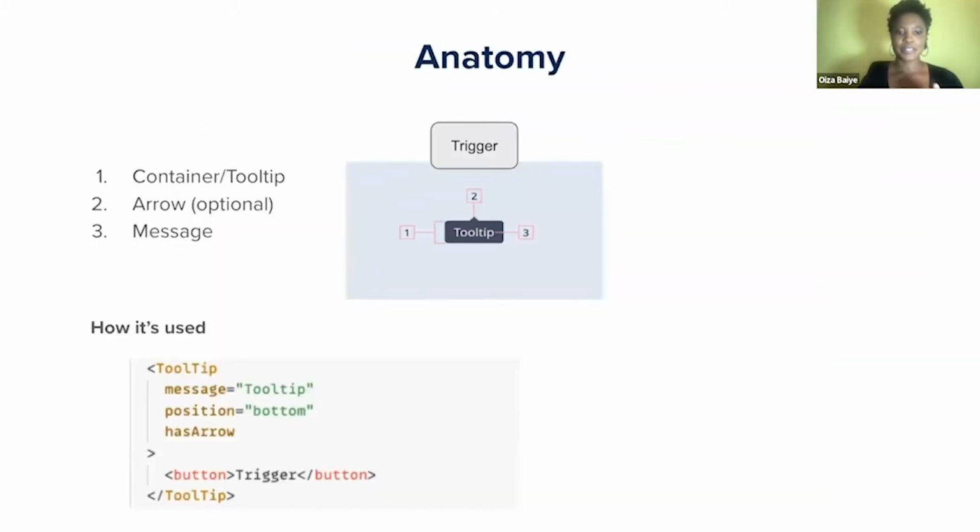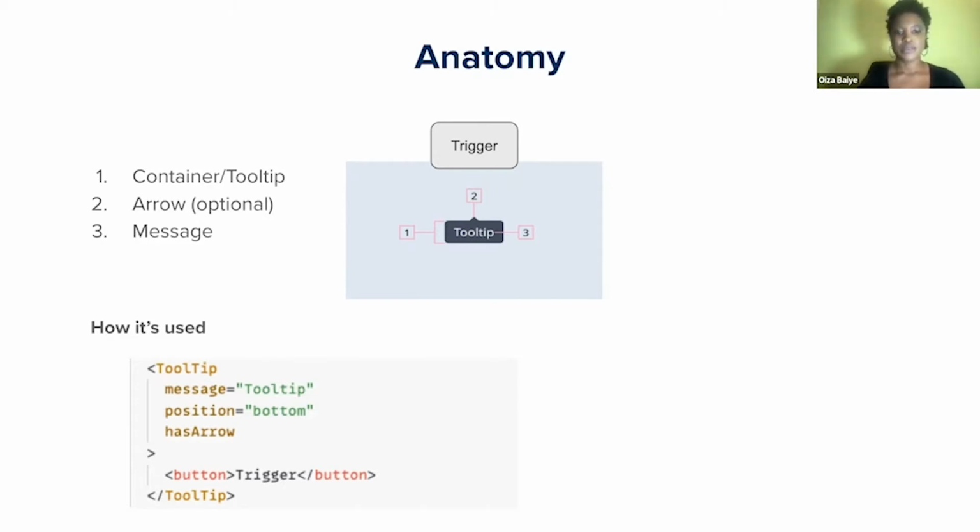So there's a lot going on this slide, but this is the basic anatomy of the tooltip at Bevy. The main takeaway is that our tooltip has 3 parts. There's the tooltip itself, which is like the container. And within that, there's a message part. And then there's an arrow or pointer, which the designer or developer can decide on whether that should be included.